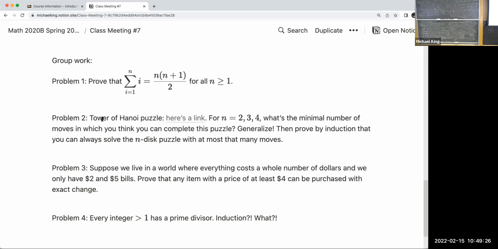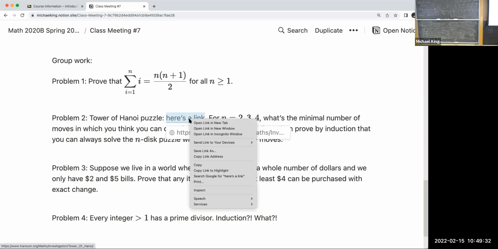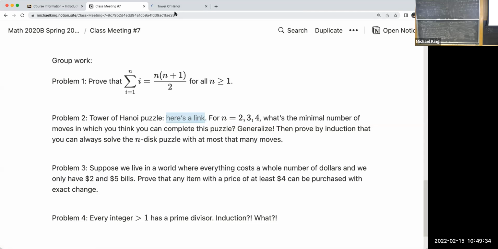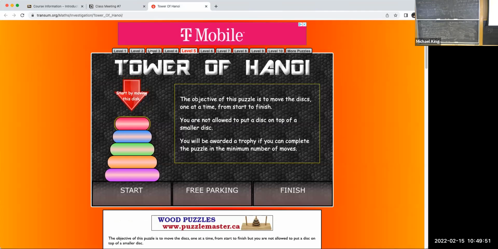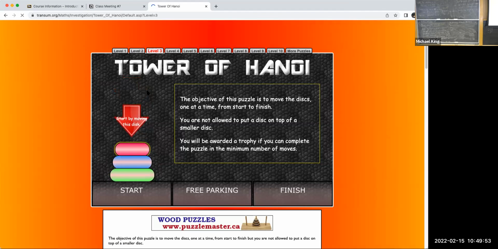And then there's this thing called the Tower of Hanoi puzzle. Has anybody seen it? There's a website. Actually, the problem is most of the interactive websites give it away. What I want you to do is see a strategy for solving it in a nice number of moves, like the minimal number of moves you can solve it in. This is the Tower of Hanoi. Let's do it for level 3.